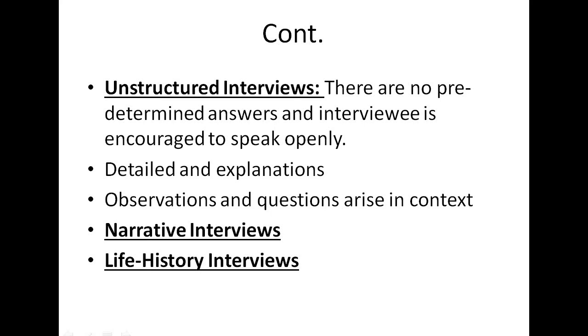Observations and questions arise in context. So in this kind of interview, the researcher does not have a set of questions, but he or she would generate questions according to the context of that interview on the spot. Similarly, he or she would take observations during this interview.